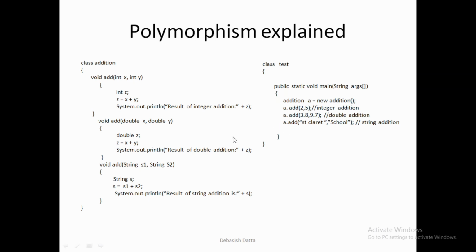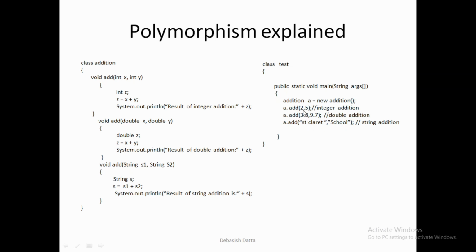So if these details are not known to us and we are able to see only this portion, what we can understand is that this add function does different things depending upon what parameters are passed to it.